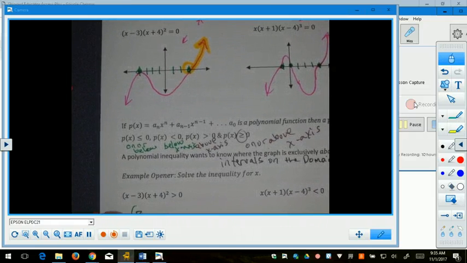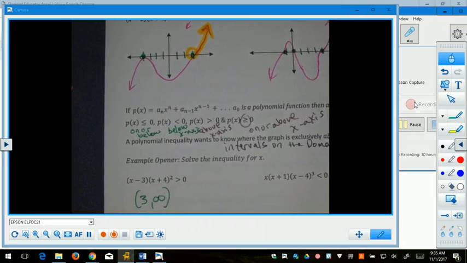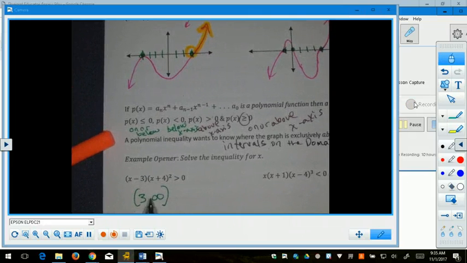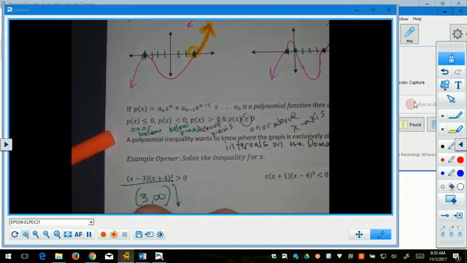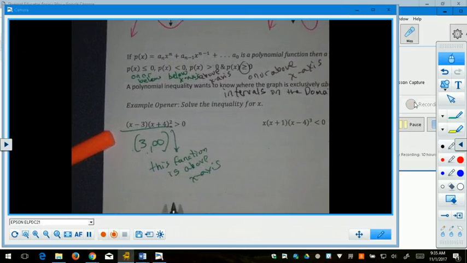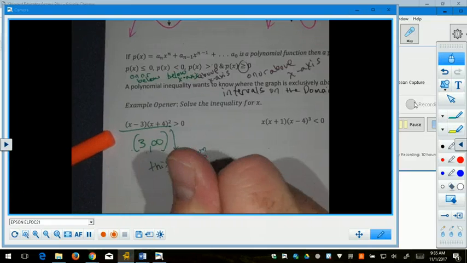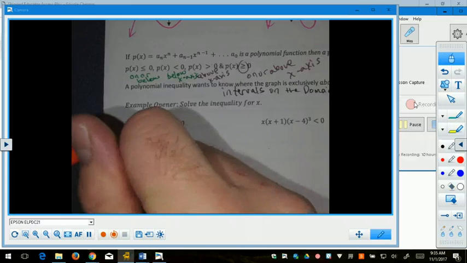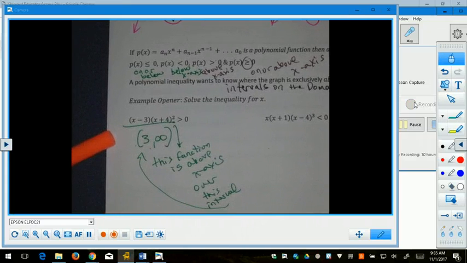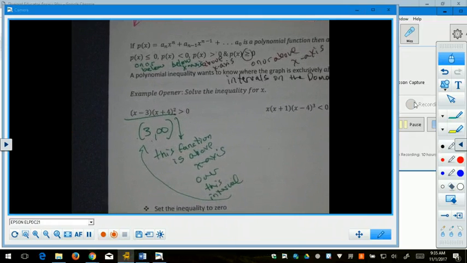So from 3, but not including 3, to infinity would be the domain. And what they're asking here is, where is this function above the x-axis over that interval. It's above the x-axis over this interval. Now you don't need to write that every time. I'm just explaining that that's what our answer represents.